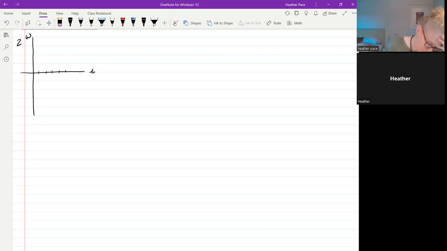And we have 2.5. So let's do 0.5, 1, 1.5, 2, 2.5. And then we spin it the other way. So let's do negative 0.5, negative 1, negative 1.5, negative 2, negative 2.5. Okay.